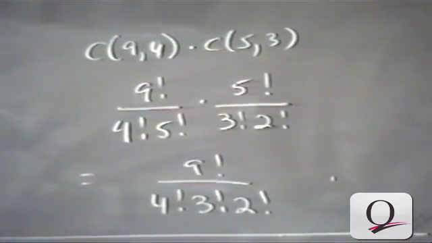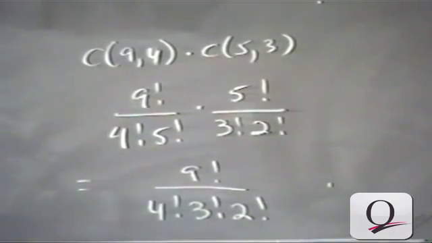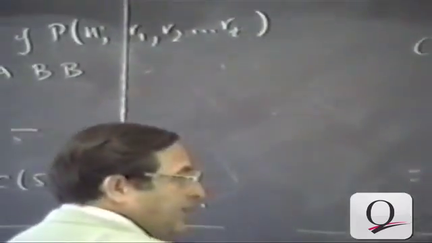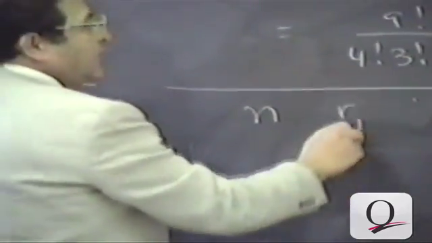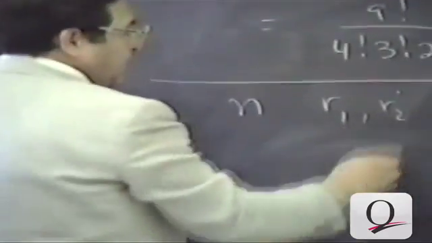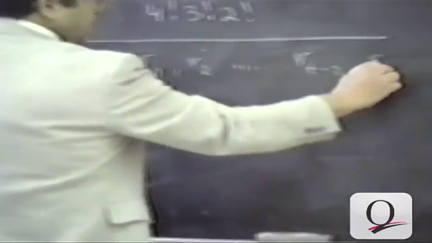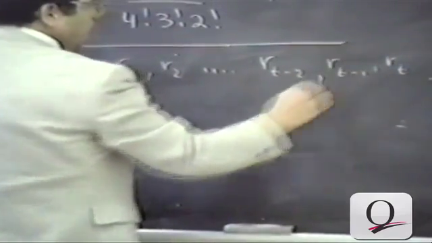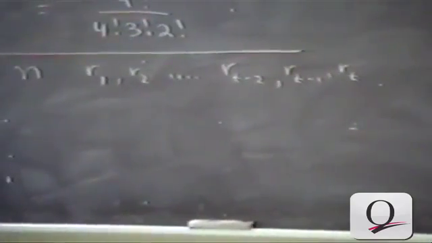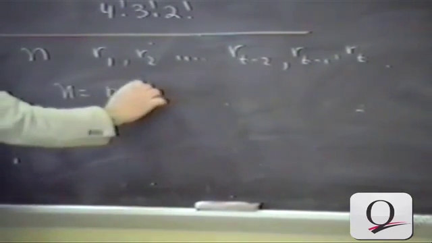Let's take the general case, where you have n objects, R1 of one kind, R2 of another, all the way up to R sub t, where, of course, n equals the sum of these.